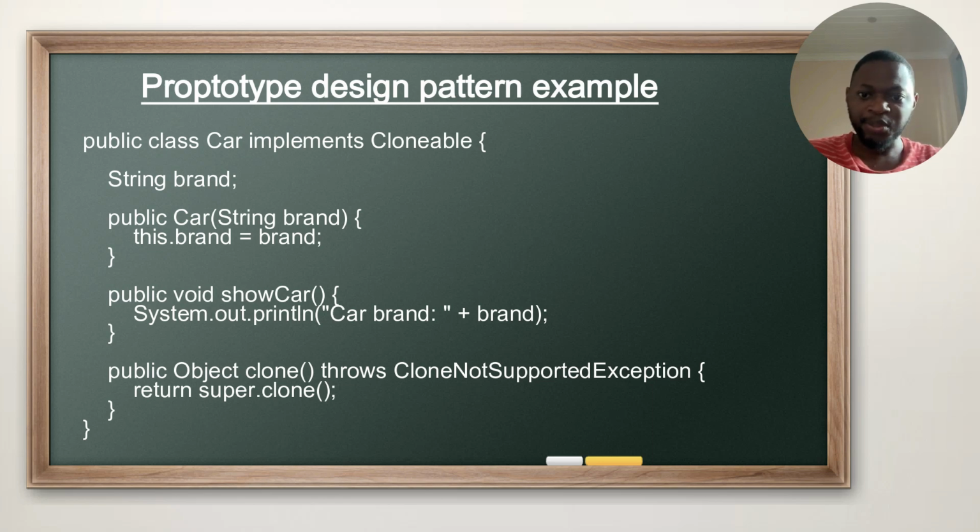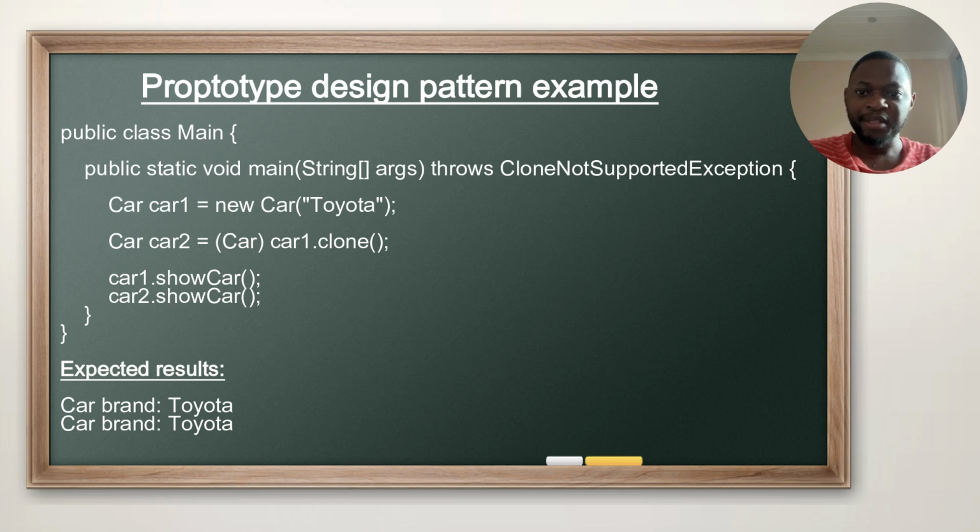Below we have our showCar method that prints out the car brand, and lastly we have our clone method that's responsible for cloning the Car object for us. Yeah, so let's go to the next slide.